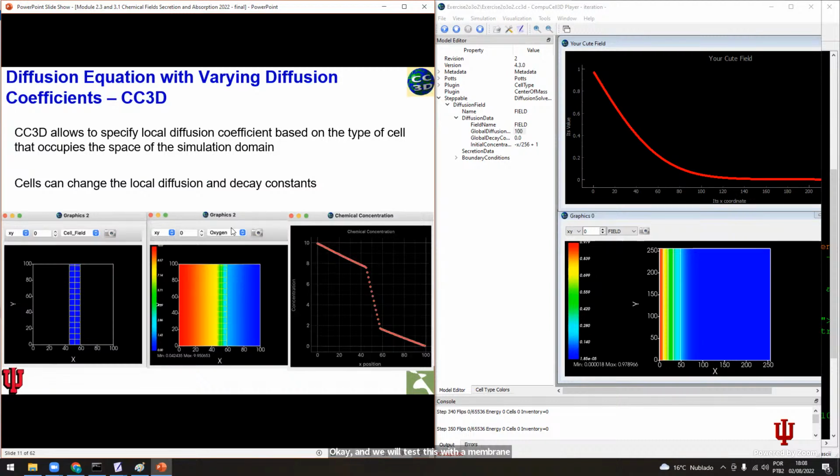In the case you have a membrane and the field is trying to diffuse from one side to the other, because this membrane has a lower diffusion coefficient, you expect that the field diffuses slower inside this membrane. So you will have this step, this break. The line will break. You have a discontinuity in the derivative at the boundaries between the medium and the membrane. Okay.